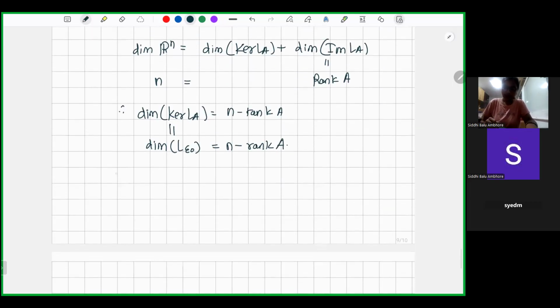The moment I have this, I get the dimension of Rn quotiented by L0 as the dimension of Rn minus the dimension of L0.